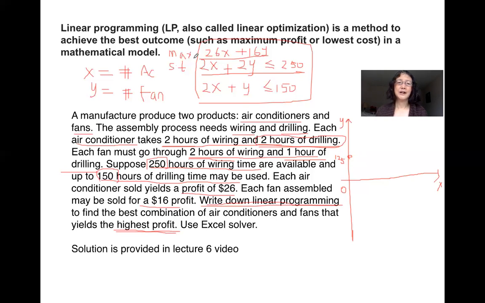Again, taking a look at this equation, when y equals 0, x equals 125. So suppose this point represents 125. Okay. Now draw a straight line through these 2 points.